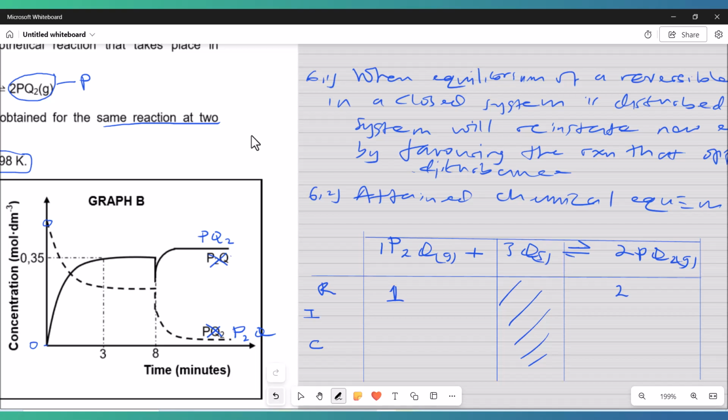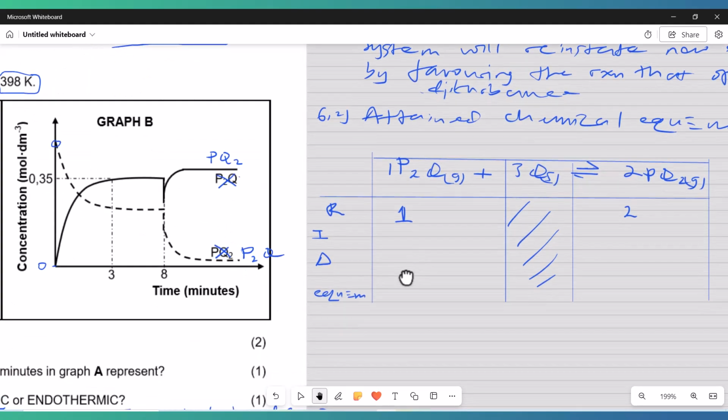I'm just putting delta here to show the change. This is the equilibrium concentration, so this is the concentration at equilibrium.